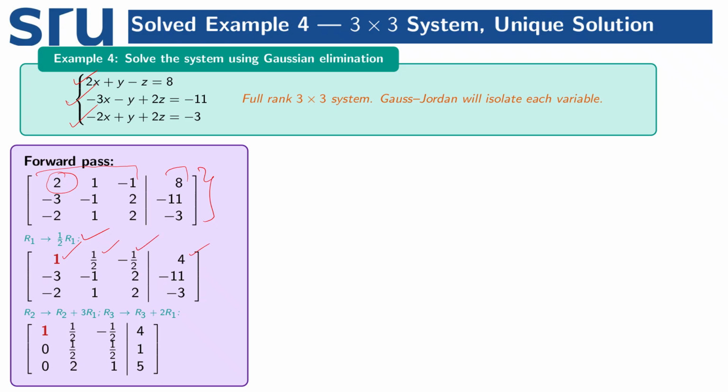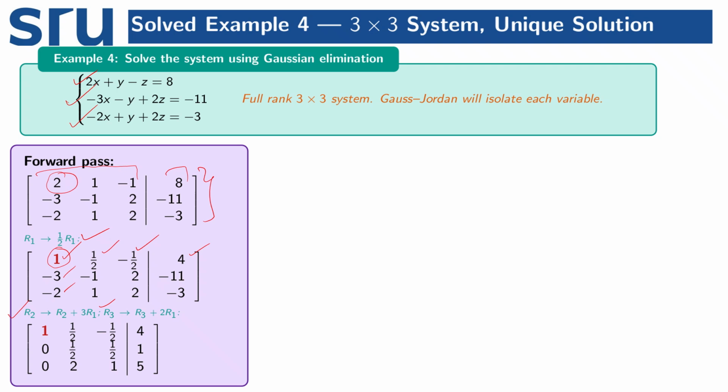Now our task is to make zeros below this pivot entry, this entry 1. Below this we need to make 0, that means this should be 0, this should be 0. So we apply the operations row 2 changes to row 2 plus 3 times row 1, and row 3 changes to row 3 plus 2 times row 1.